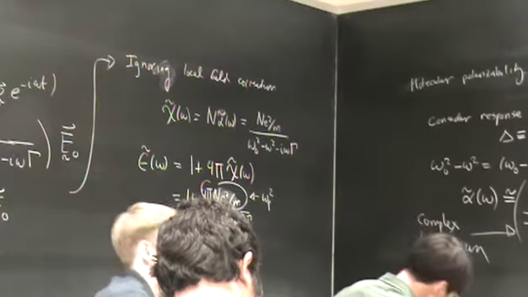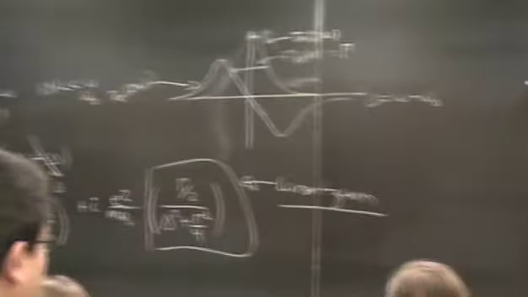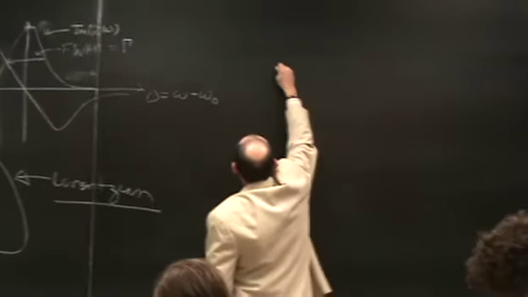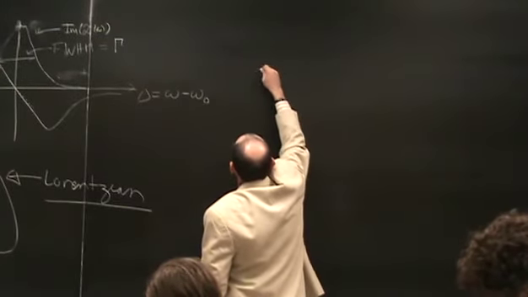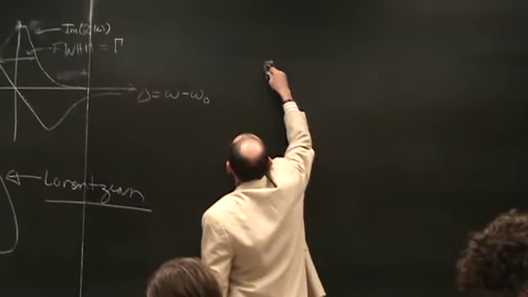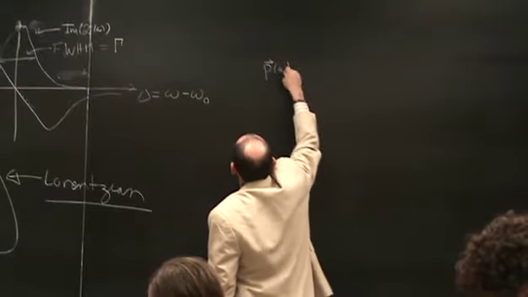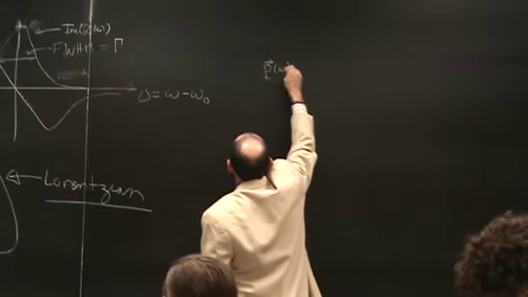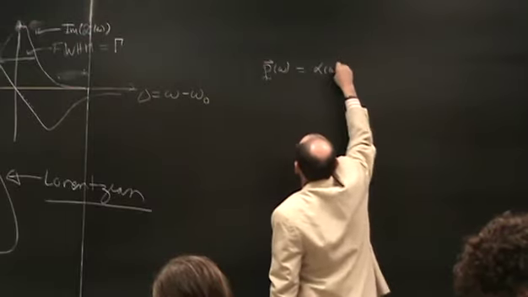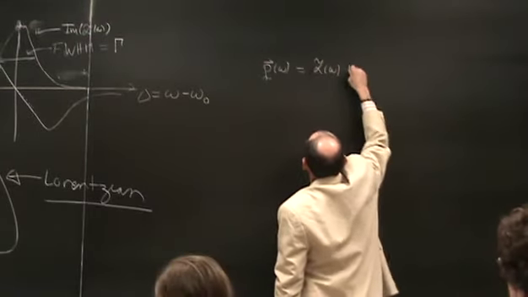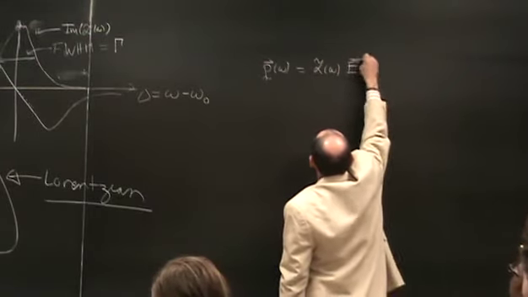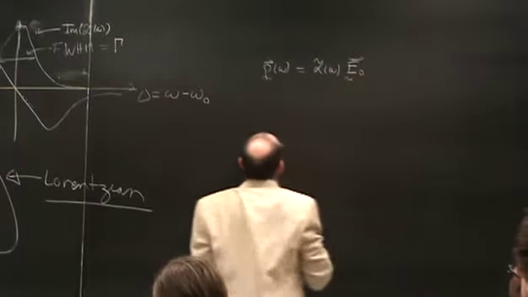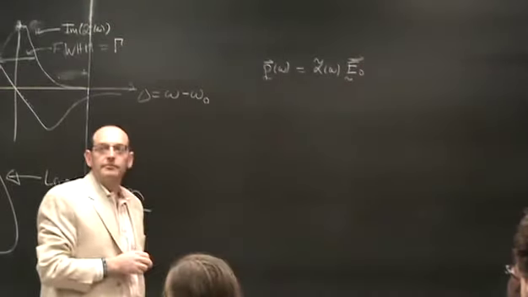Well, let's just go back to the definition. We said that the induced dipole moment as a function of omega was equal to alpha complex E0, right?